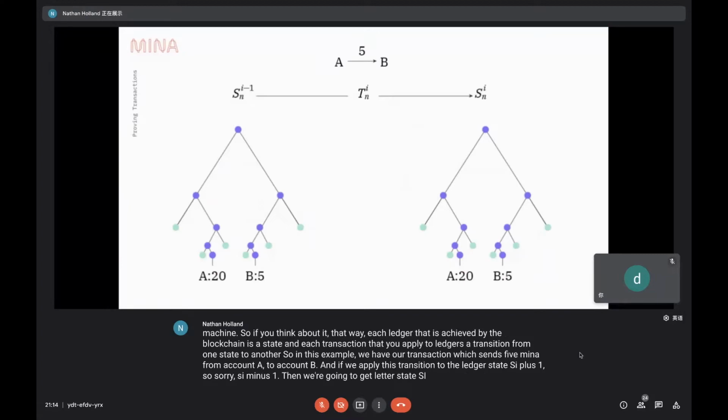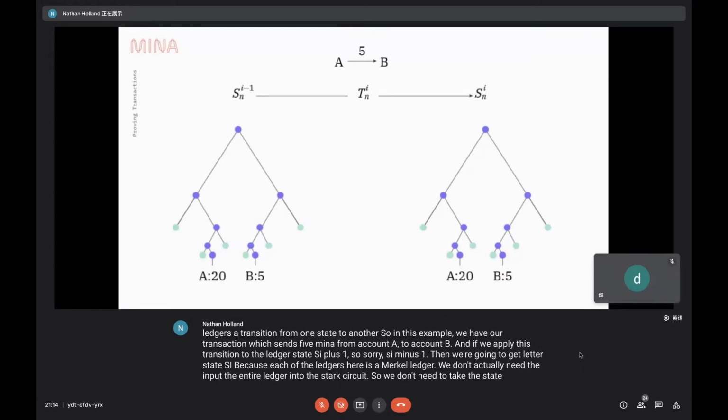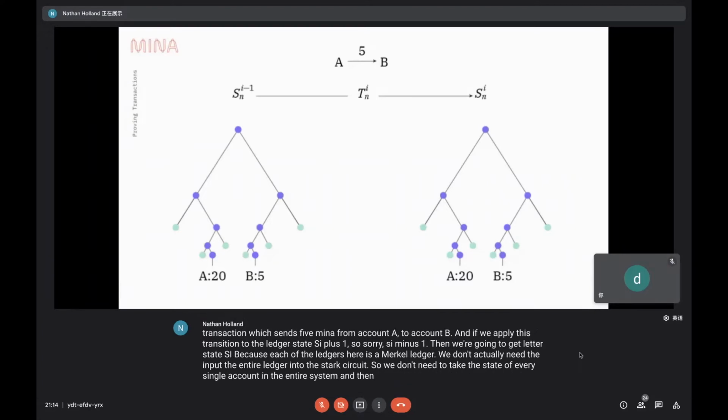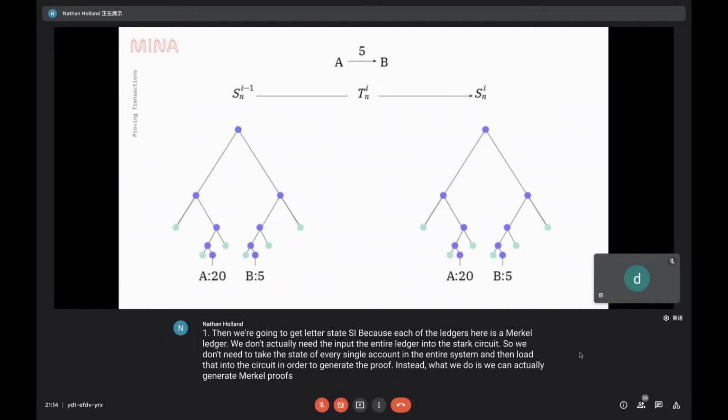Because each of the ledgers here is a Merkle ledger, we don't actually need to input the entire ledger into the snark circuit. So we don't need to take the state of every single account in the entire system and then load that into the circuit in order to generate the proof. Instead, what we can do is generate Merkle proofs that there are some accounts in these ledgers at each position, and then just input those Merkle proofs.